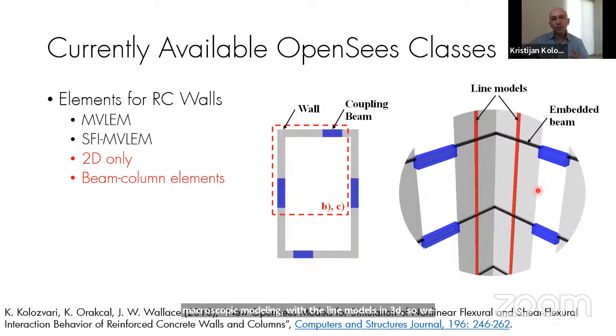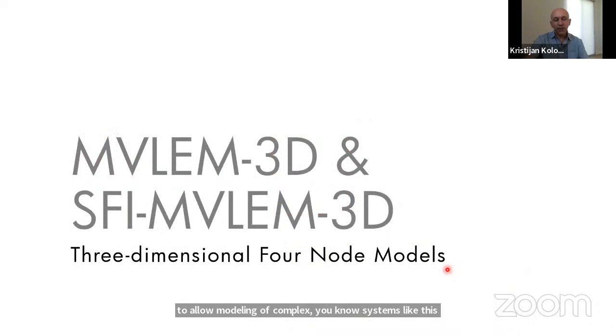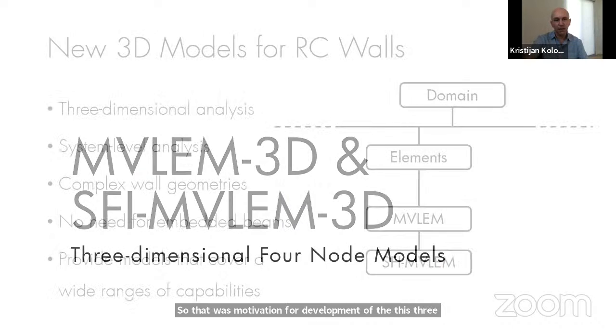So we wanted to overcome these issues. We wanted to extend these available models to three-dimensional models, and not only to be 3D, but also to allow modeling of complex systems like this much easier. So that was the motivation for development of this three-dimensional MVLEM as well as the SFI-MVLEM models.